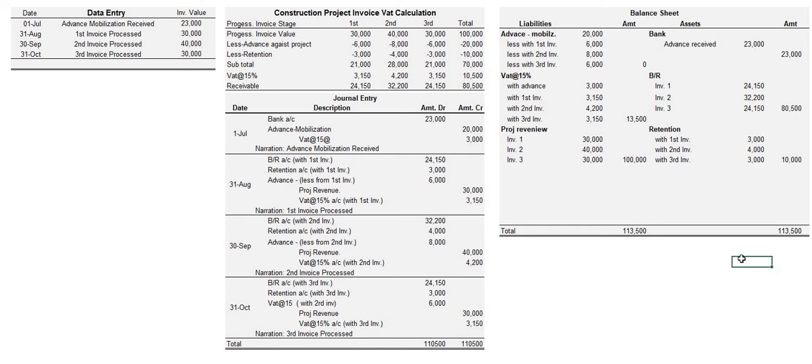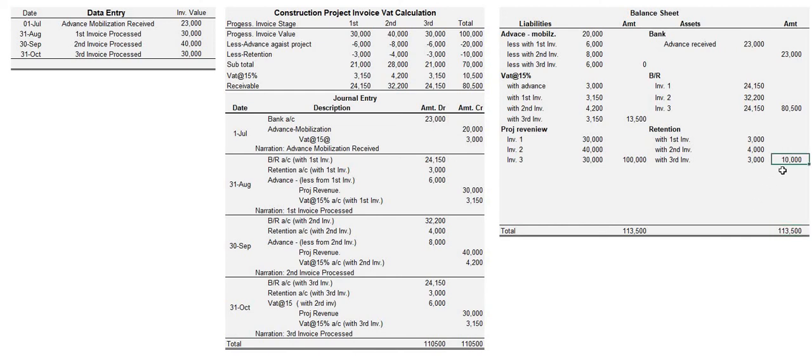VAT will be 15,000 and 1,15,000 will be our total project invoices. But here we cannot see that much amount. There is a shortage of 1,500. This is because we have to get the retention amount. The retention amount is 10,000 here.